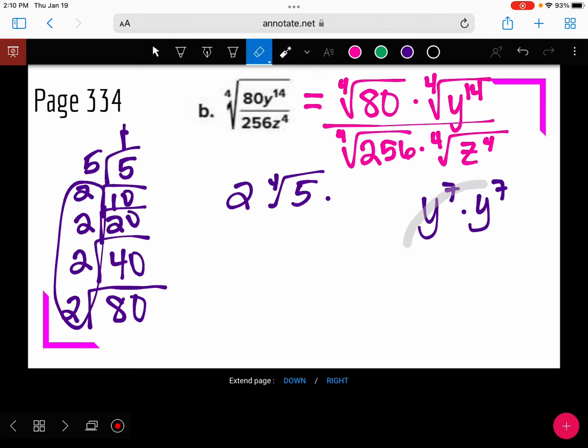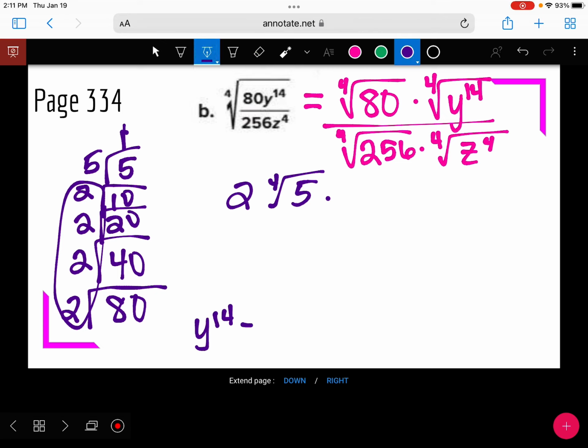It's gross. So, what is the next largest number that adds up to 14 that's divisible by 4? 12, yep. So we're going to want y to the 14th equals y to the 12th times what?